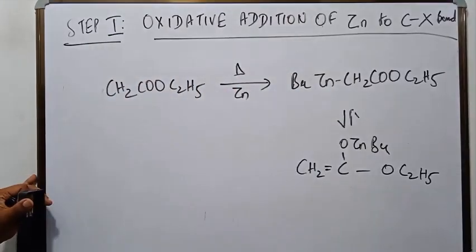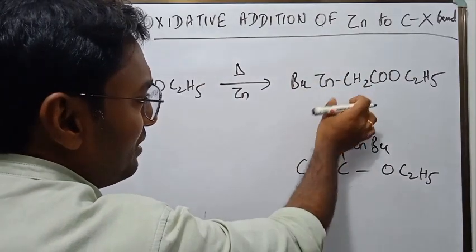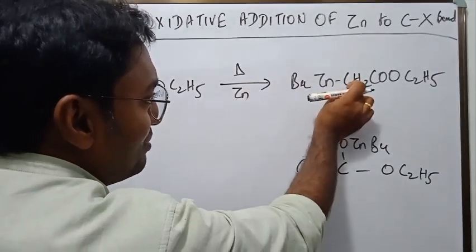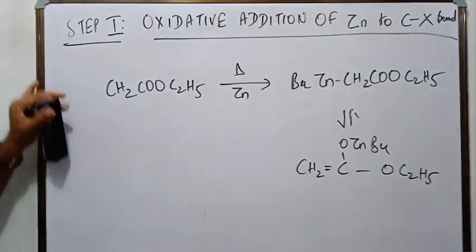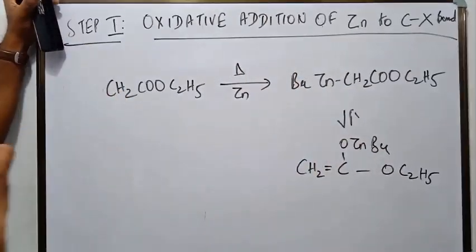But the issue with this bond is that it is a very highly polar bond. Why? Because there is a significant electronegativity difference between carbon and zinc. Carbon's electronegativity is 2.5 while zinc's is 1.25.